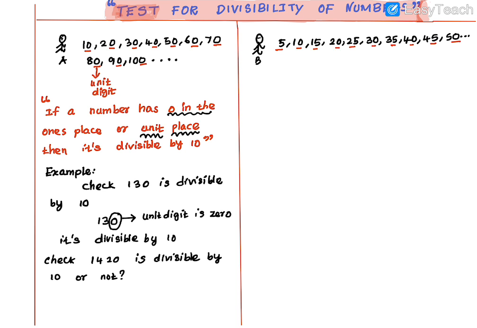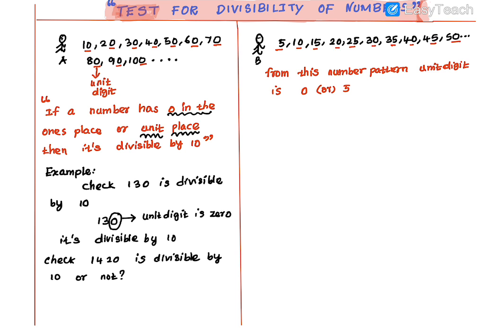From this number pattern, the unit digit is 0 or 5, right? 5, 0, 5, 0, 5, 0, 5, 0.